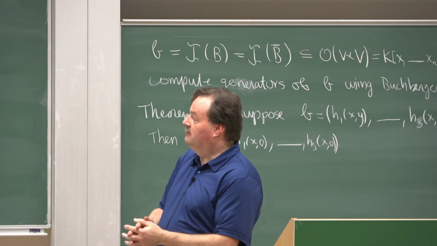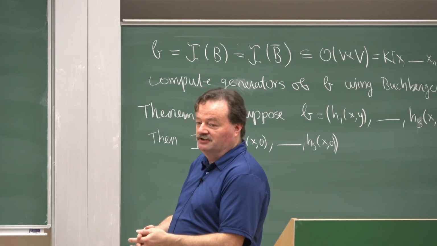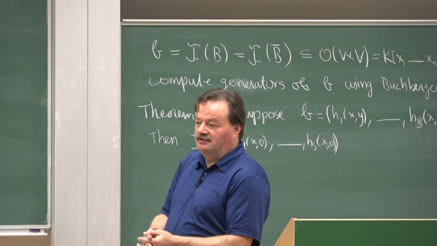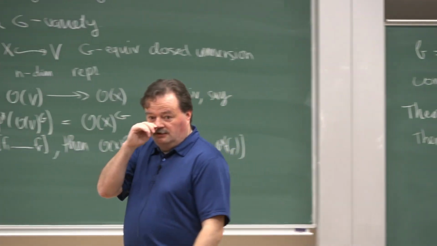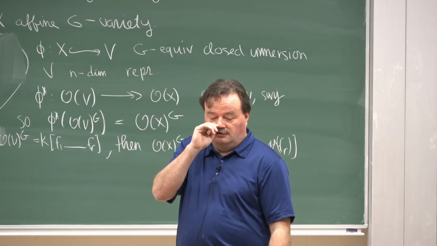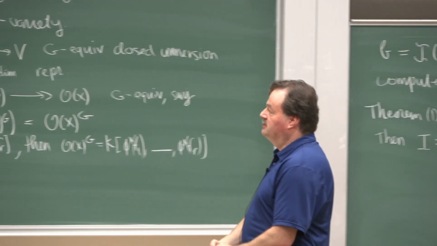Well, if the finite group is linearly reductive, right? If the characteristic doesn't divide the group order, then it would apply. And it applies also for bigger groups than finite. Yes, whenever the group is linearly reductive.